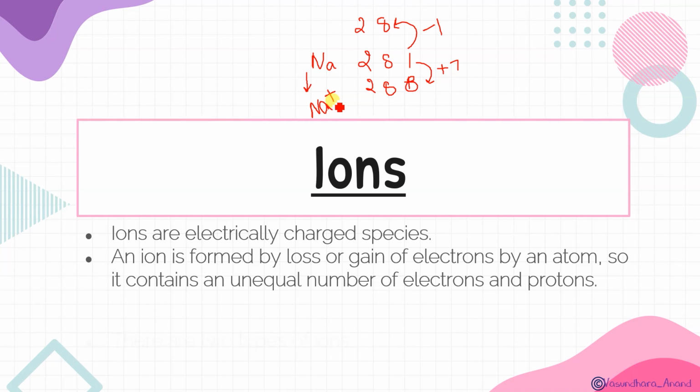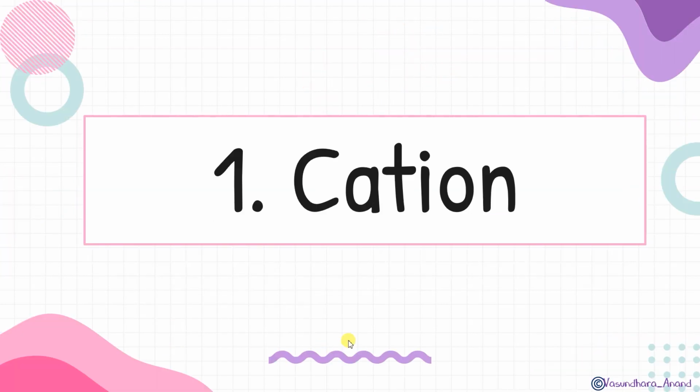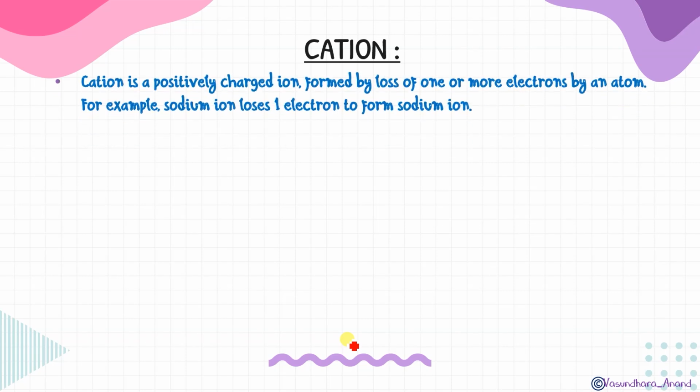We have already done this. There are two types of ions. One is called a cation, which has a positive charge, and an anion, which means negative charge. Clear? So what is a cation? A cation is a positively charged ion formed by loss of 1 or more electrons by an atom.